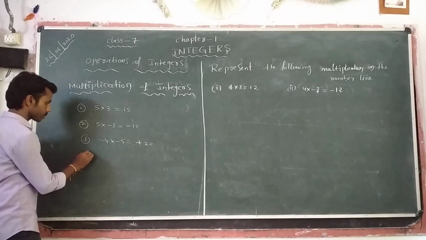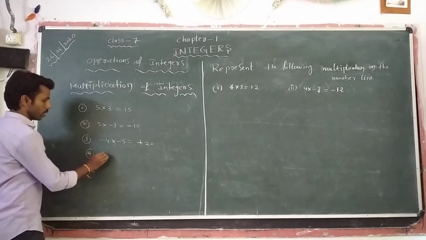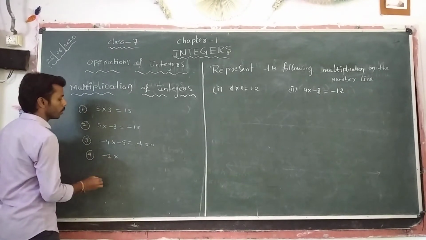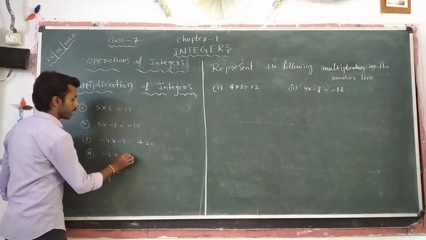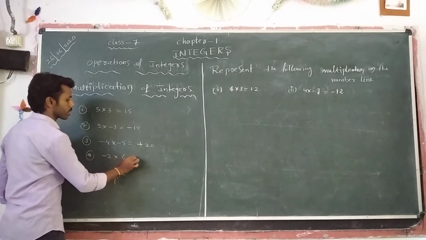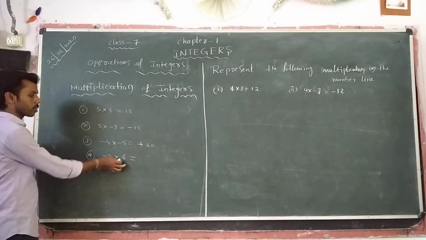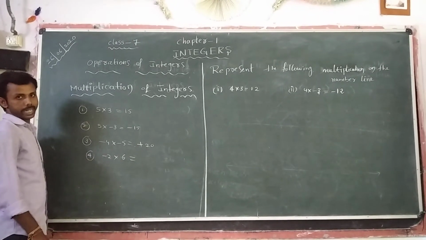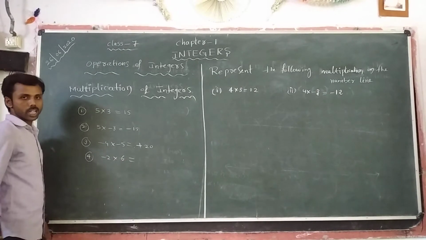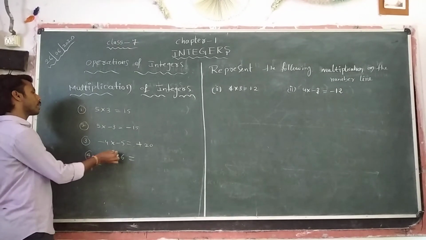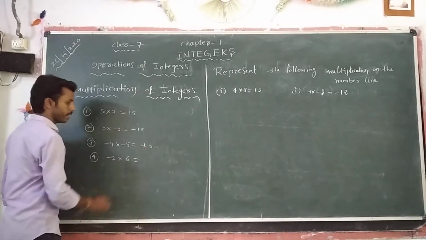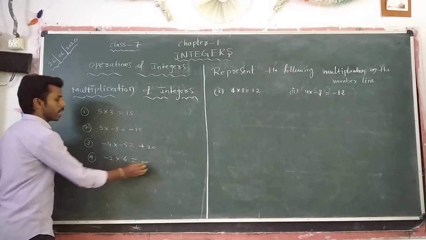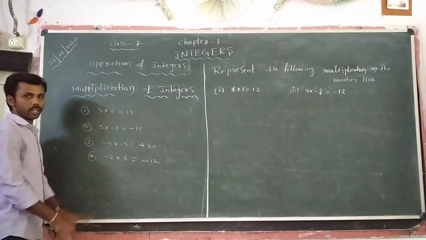Next example, minus 2 into plus 6. Here minus 2 is a negative integer and plus 6 is a positive integer. One negative into one positive is always negative. 6 twos are 12, so minus 12.